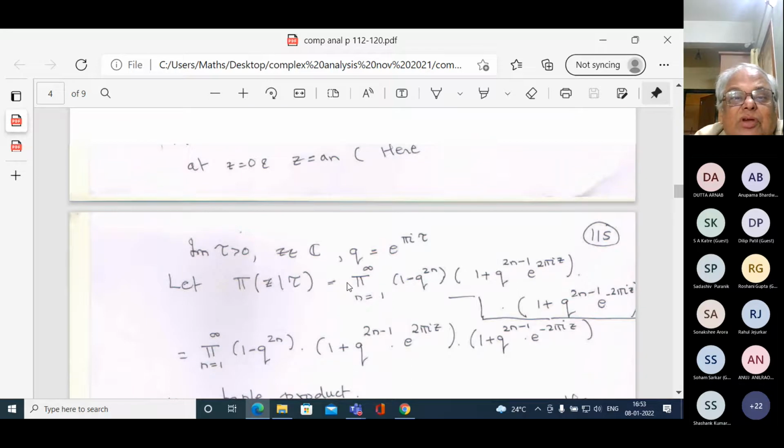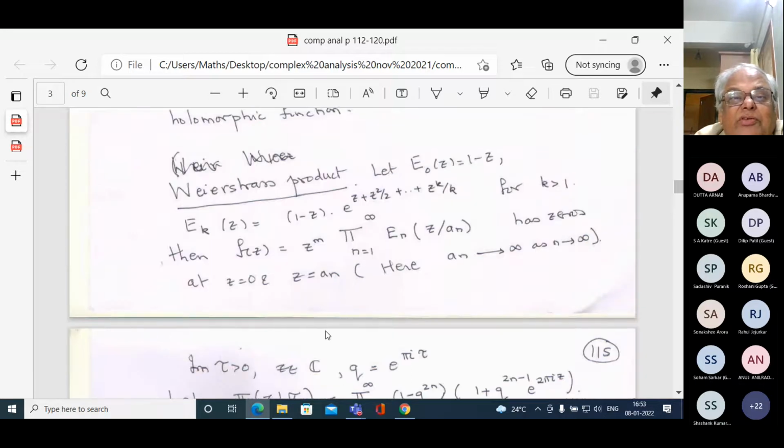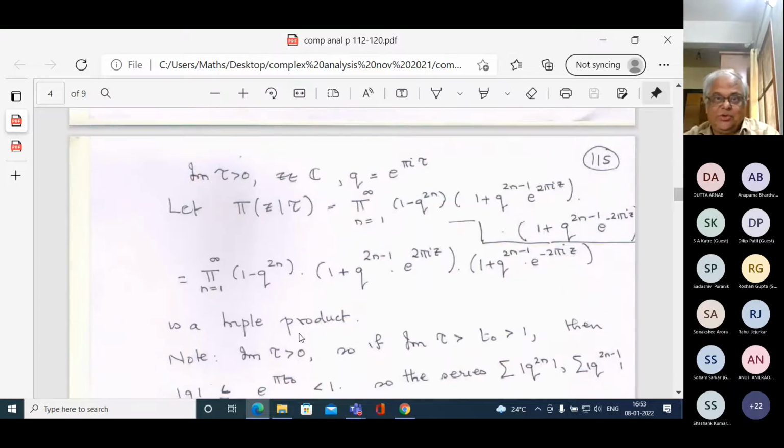Okay, so first I was talking about the theta function, and now suddenly I'm talking about this particular function, which I express as this infinite product. Remember, there are 3 terms in this product, and therefore this is called a triple product.